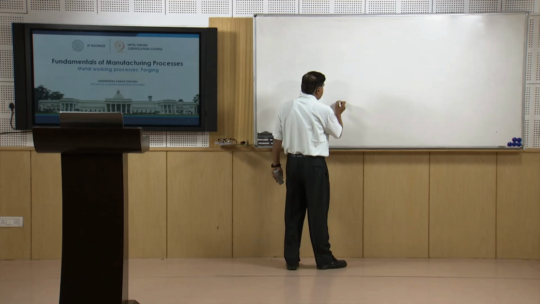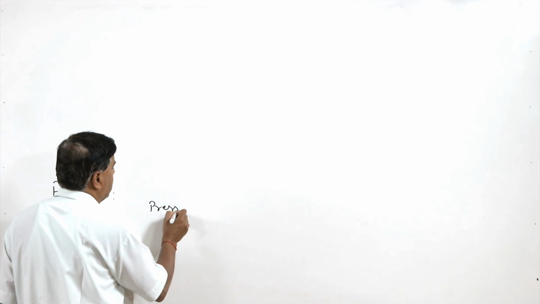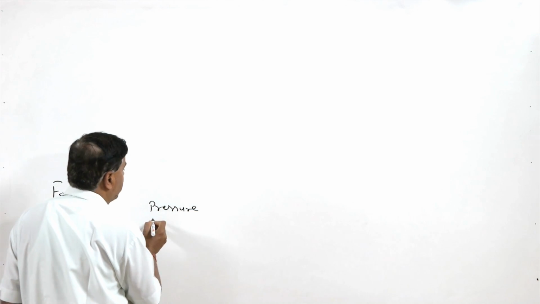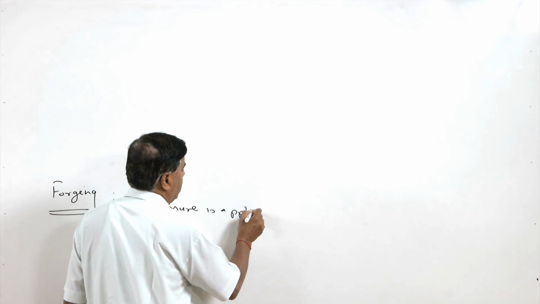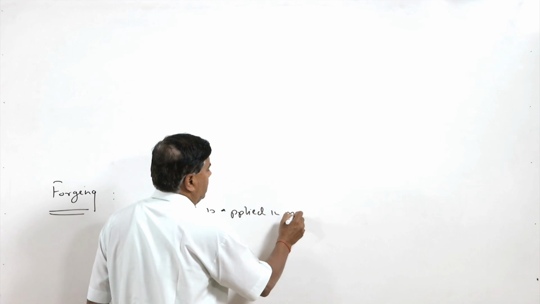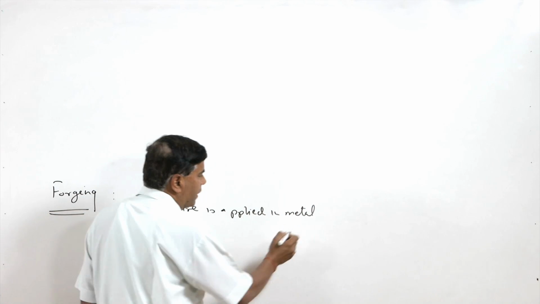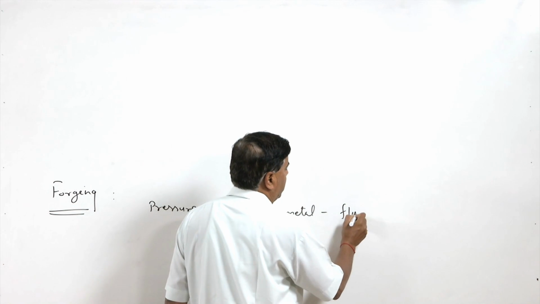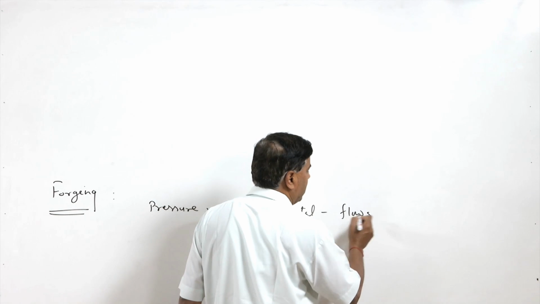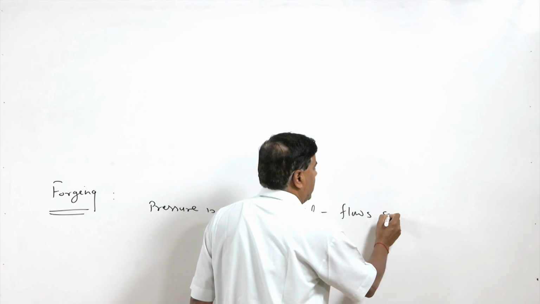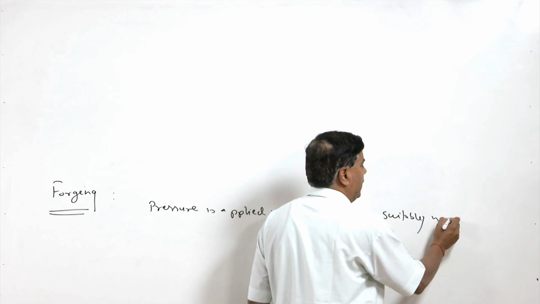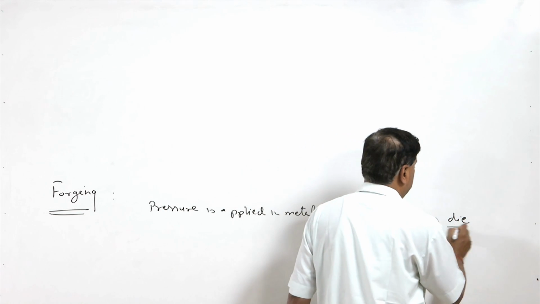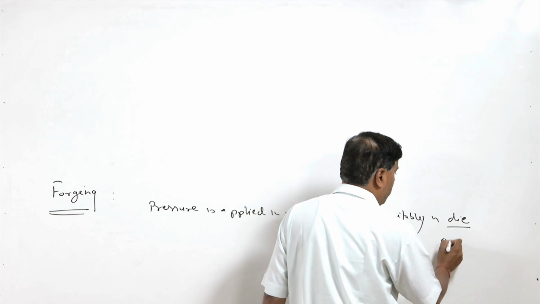Basically, in this process pressure, which is mostly a compressive force, is applied to the metal, so it flows or deforms plastically. The metal flows suitably either in a die or in open space.